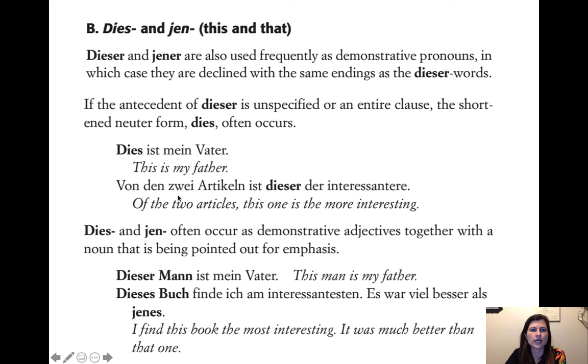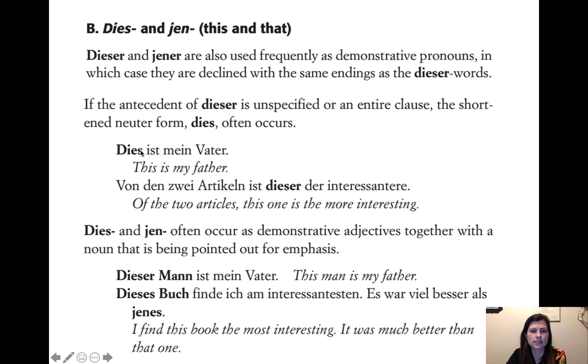So then we have diese and jene. So we did diese back in chapter 5, I think it was. And I think jene was also included there. So those were demonstrative pronouns. And they are declined. They have the same endings as all of the other diese words. So if the antecedent of diese is unspecified or an entire clause, the short neuter form dies occurs.